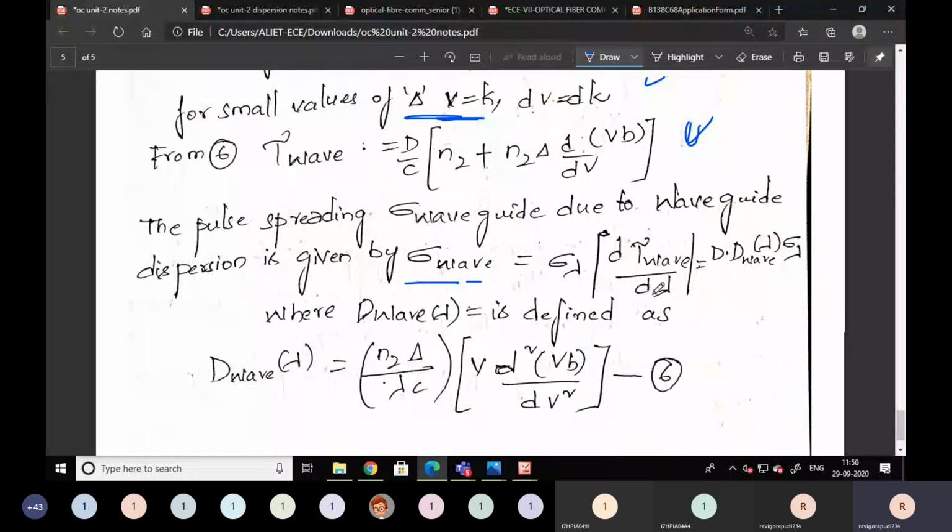Here we are differentiating with respect to lambda, that's why we are getting this value d square Vb by dV square. V into d square by dV square into n2 delta by lambda c is the waveguide dispersion parameter.